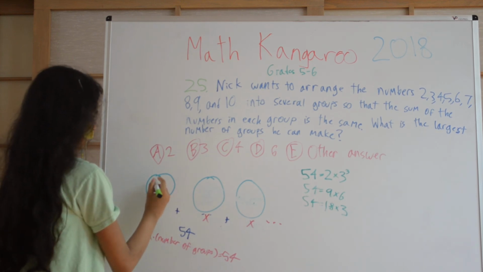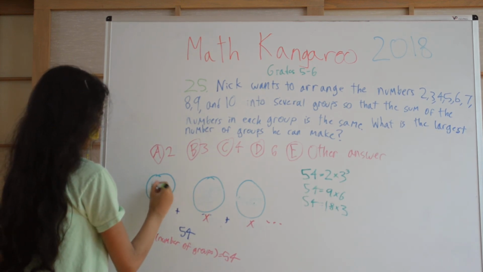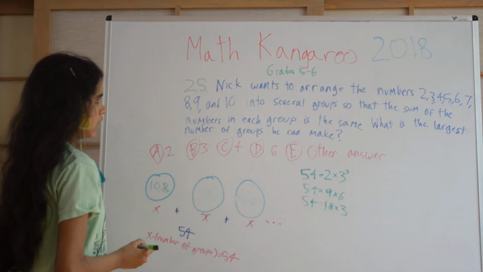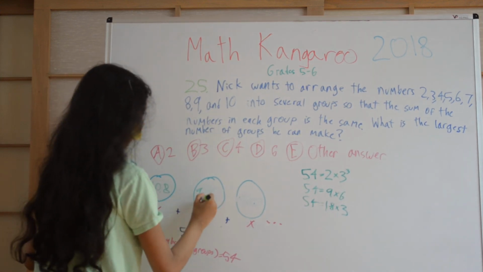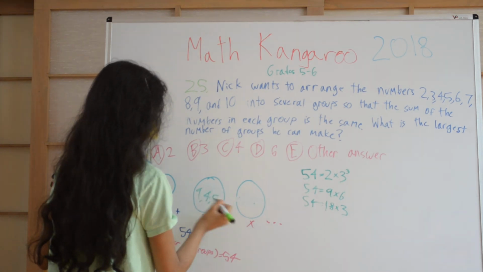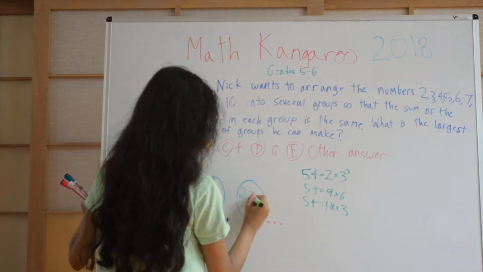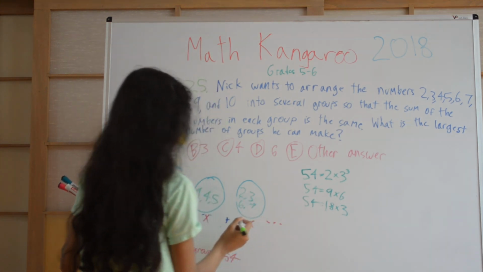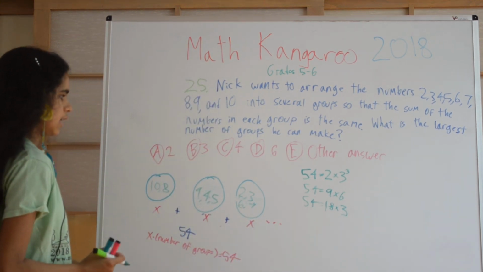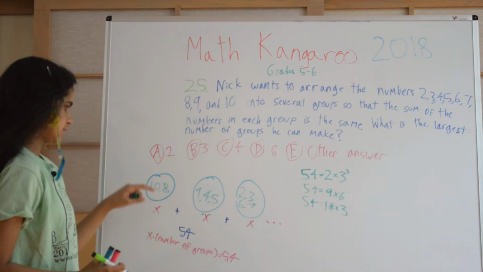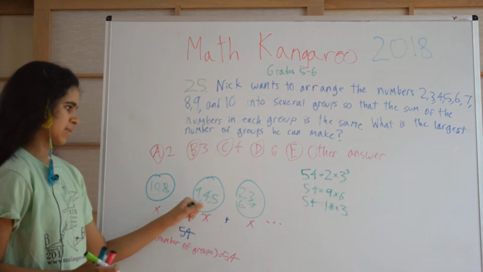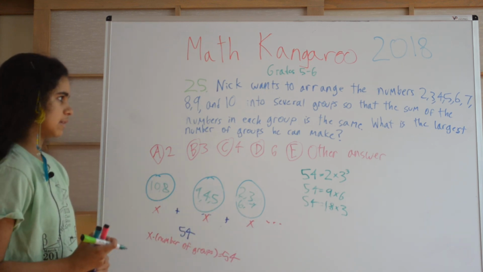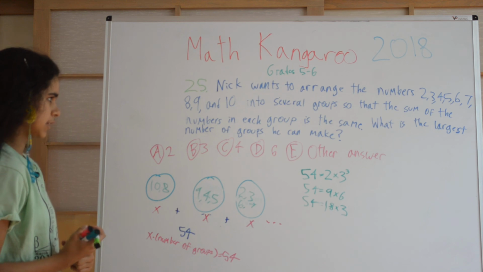So we could put 10 and 8 in a group, and we could put 9 and 4 and 5, and we could put 2 and 3 and 6 and 7. And all of these: 10 plus 8 is 18, 9 plus 4 plus 5 is 18, 2 plus 3 plus 6 plus 7 is also 18. So all three groups have a sum of 18, and so we can make three groups.